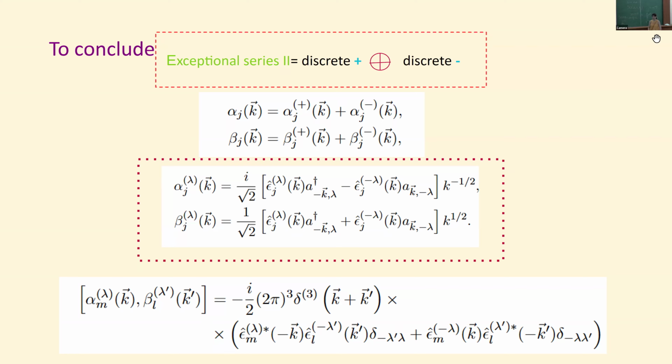I'm not sure particularly what happens, whether it's irreducible or reducible. But even if it is reducible, it will not reduce into the discrete series if it's in 5 space-time dimensions, for example.